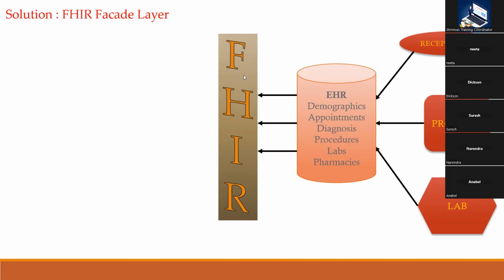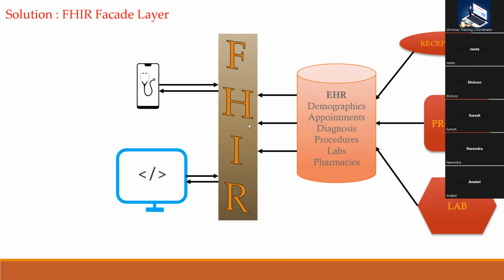So this is server-side code that you'll have, which sits on top of the EHR with a lot of code in there to enable the transactions with the outside world. So this layer that is added will actually help you to interact with mobile devices or system devices, and exchange the data between these mobile devices and the EHR.